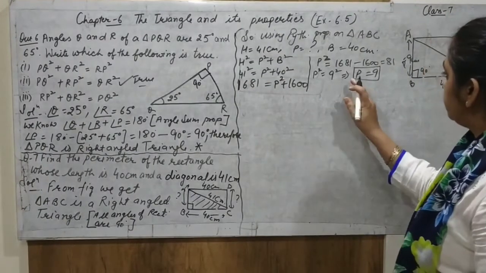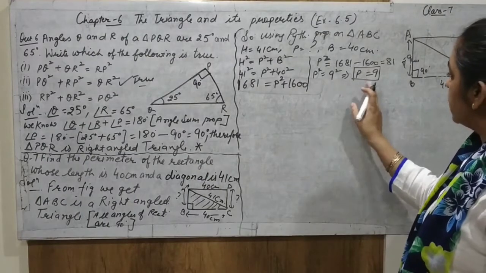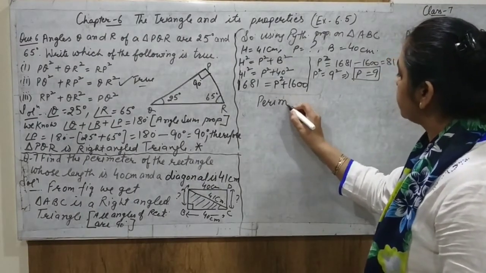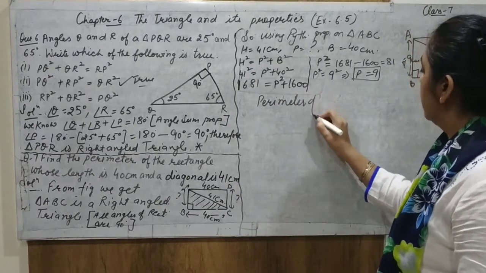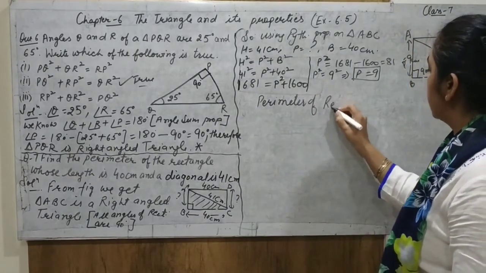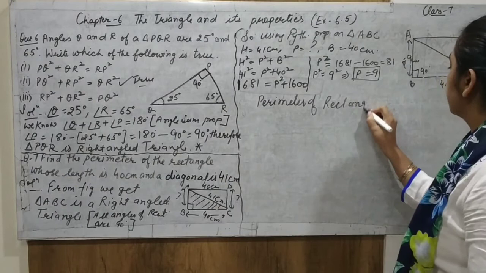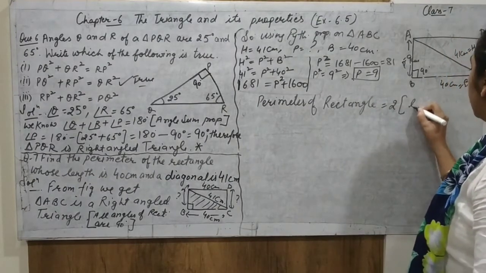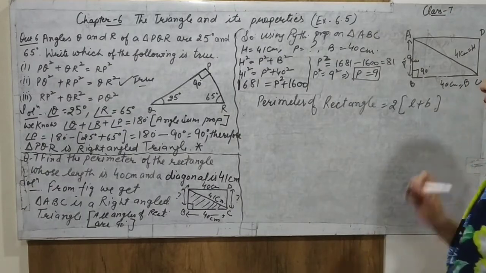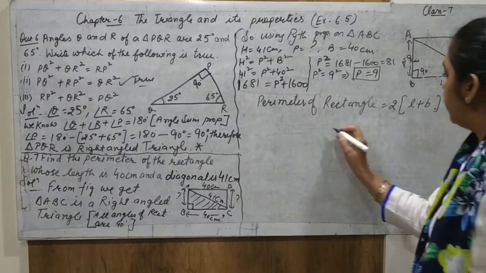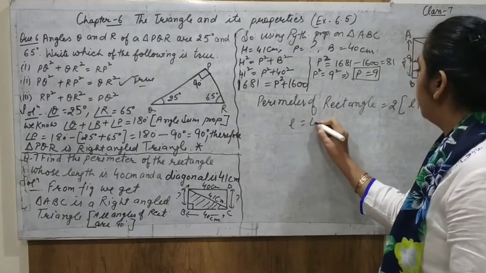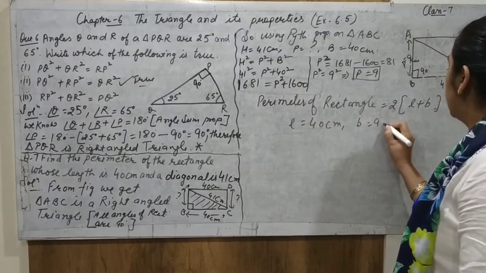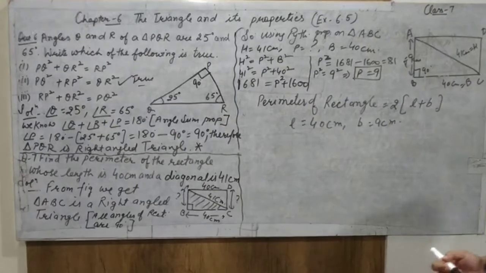So the perimeter of rectangle is equal to 2 into L plus B. Put the value of L is equal to 40 centimeter and B is equal to 9 centimeter.